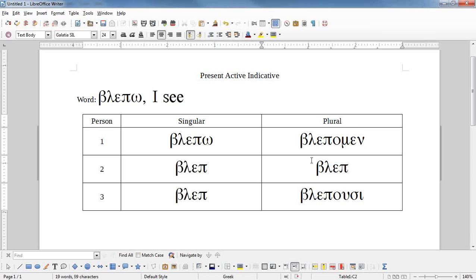Blepomin. Excellent. Let's go to second person singular. Who wants to do that one for me? Is that second person singular? Second person singular, yes. Epsilon, iota, sigma. Very good. That's exactly right.